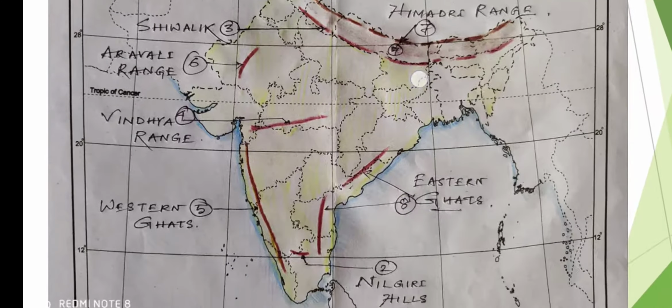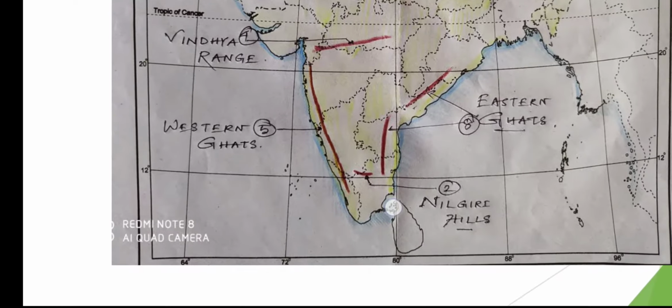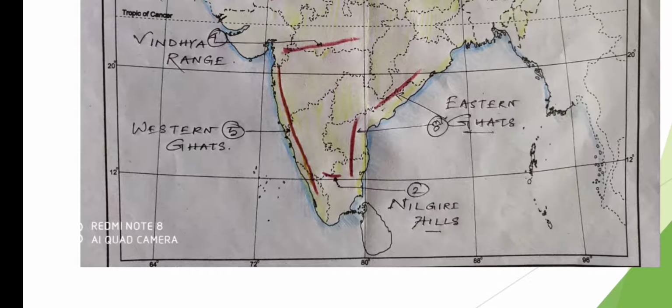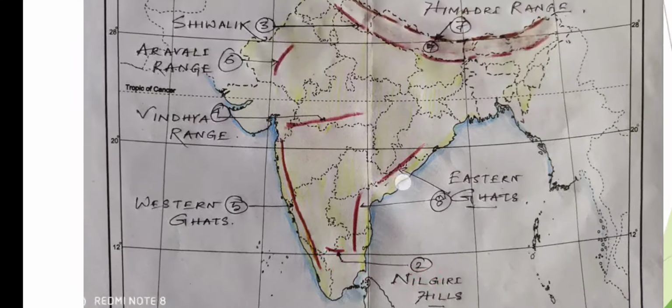Next is number 2. I told you to mark the Nilgiri hills. The Nilgiri hills lie in the southern part of Karnataka and the northern or western part of Tamil Nadu. Here are the Nilgiri hills, and I have marked them with number 2 and written Nilgiri hills.